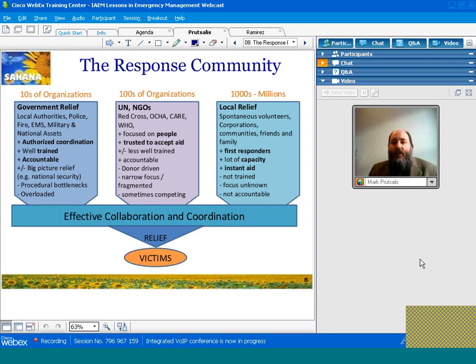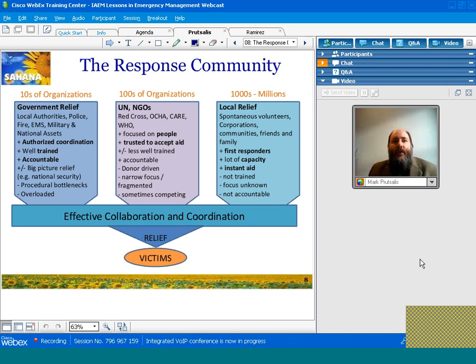And then in a large-scale disaster, as I said, that branches out into hundreds of organizations, whether it's the UN agencies and charities such as the Red Cross, who have expertise and training to focus on care of people in large populations.